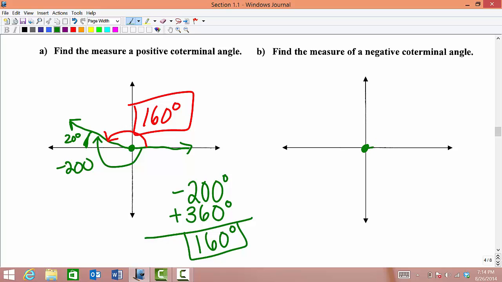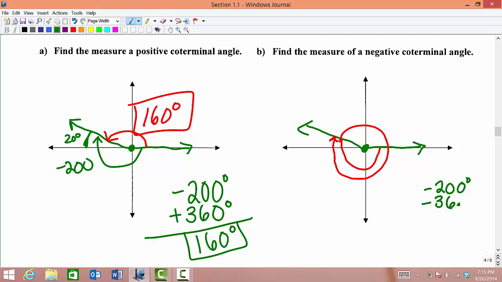All right, let's now find a measure that is coterminal but negative. So let's sketch in our negative 200 degrees. And we want to go in the negative direction. But we don't want to find negative 200 again. I want to go around one more time until I stop back at the terminal side. So that will be going negative 200 degrees, but then going one complete rotation again in the negative direction.